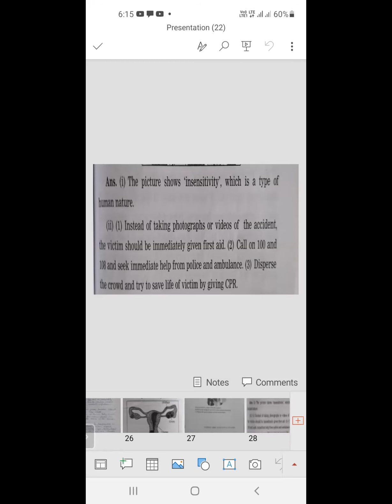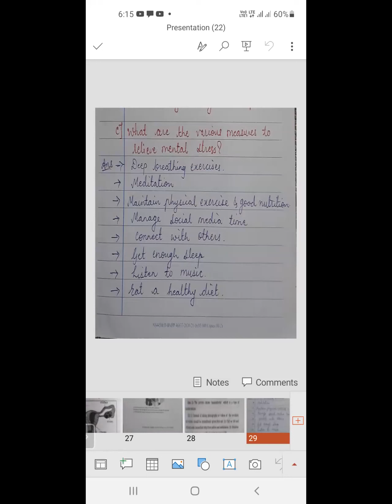Now the third question, the last question of this question paper: what are the various measures to relieve mental stress? You have to write this answer point-wise. The answer: deep breathing exercises. Second is meditation. Third is maintain physical exercise and good nutrition.